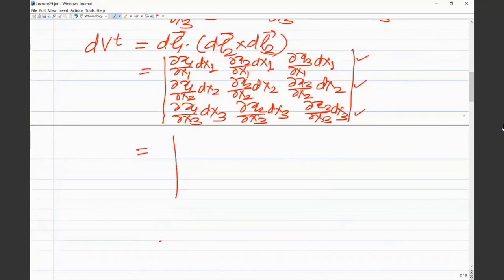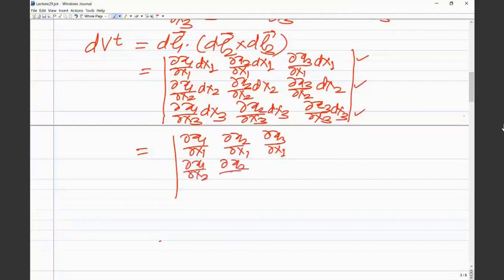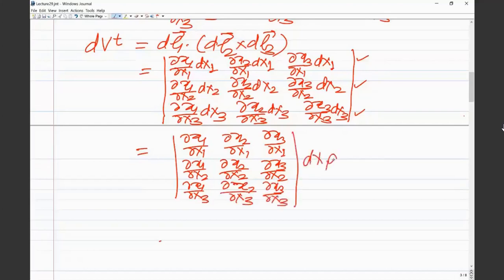So you will have dX1 into dX2 into dX3 as a common term, and inside you will have this 3 by 3 determinant, which would be del x1 by del X1, del x2 by del X1, del x3 by del X1, and then del x1 by del X2, del x2 by del X2, del x3 by del X2, and then del x1 by del X3, del x2 by del X3, del x3 by del X3. The dX1, dX2, dX3 is taken out of the determinant.